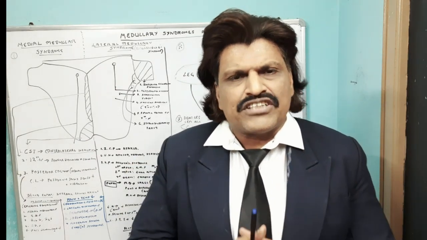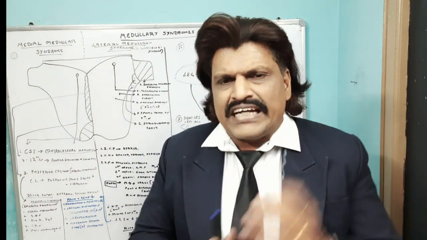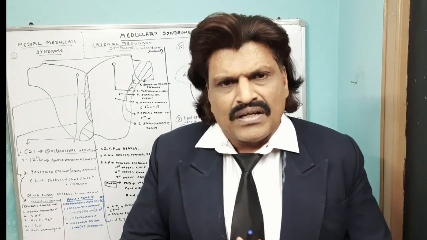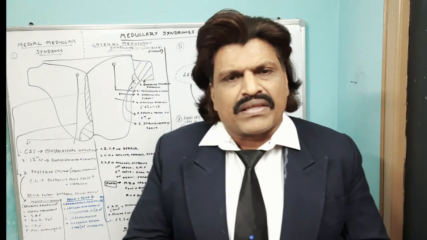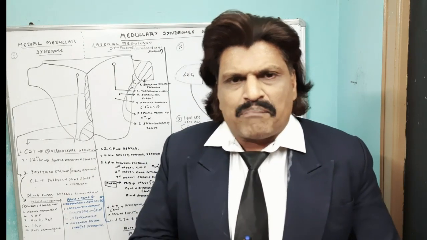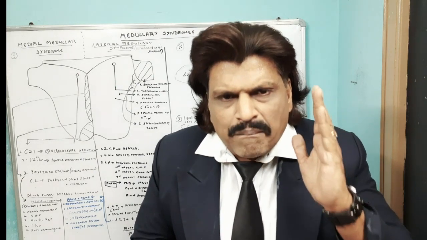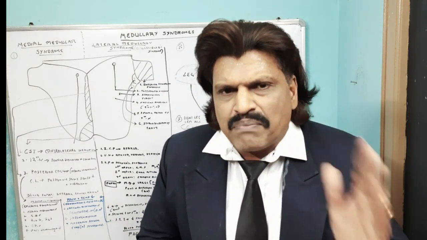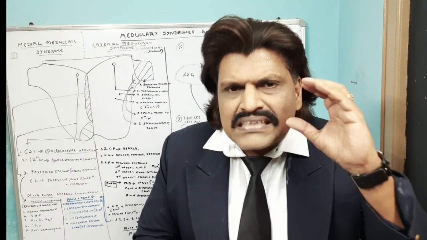What is the explanation for it? The midbrain causes pupillary dilatation, though we have the sympathetic tract in the midbrain. Why? I can give you an example. After death, though the parasympathetic and sympathetic are affected, the pupil is dilated.